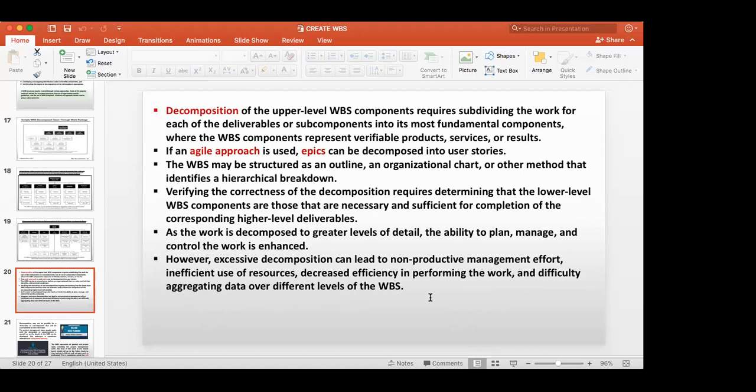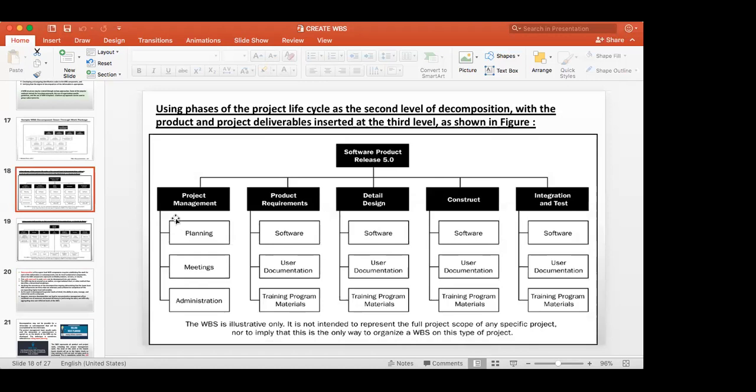We can break down further, but sometimes it will be a waste of time, material and resources. Sometimes it will be easy to calculate the cost and everything. Whatever we have to do, as per the requirements. So now you see, you have 3 here.